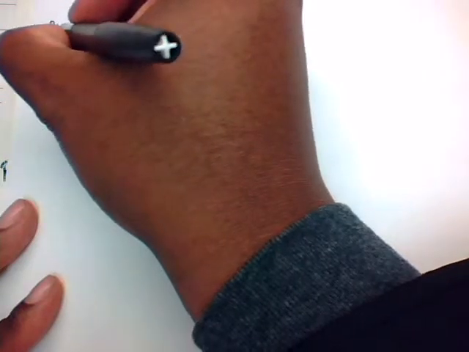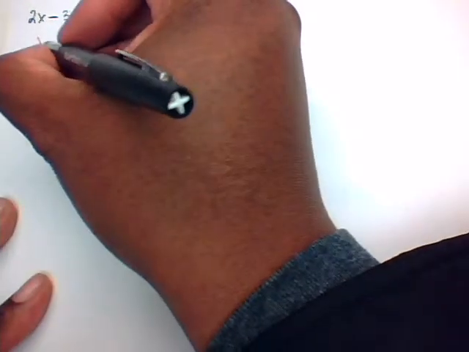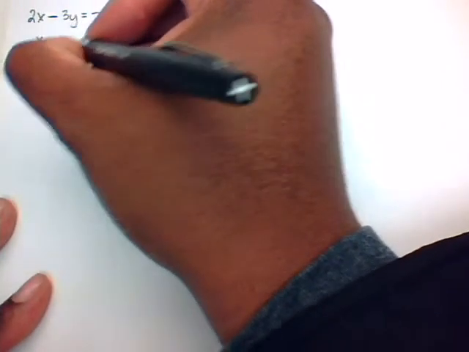Here we got 2x minus 3y equals negative 11. And then the second equation is x plus 2y is equal to 12.